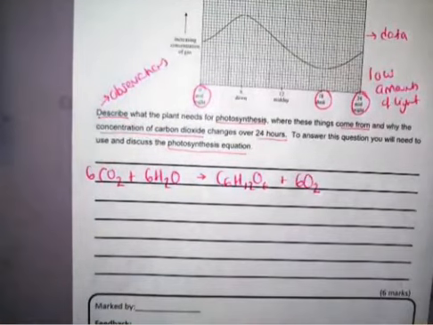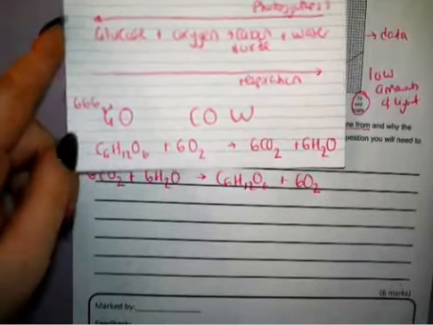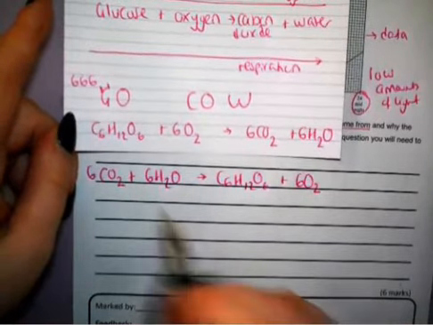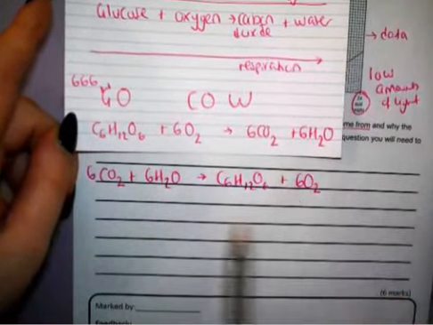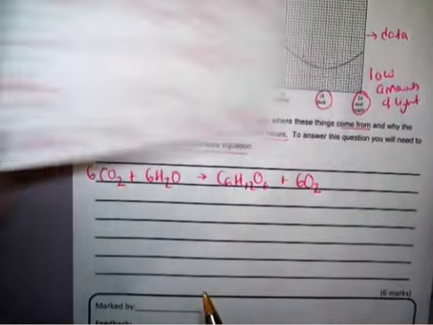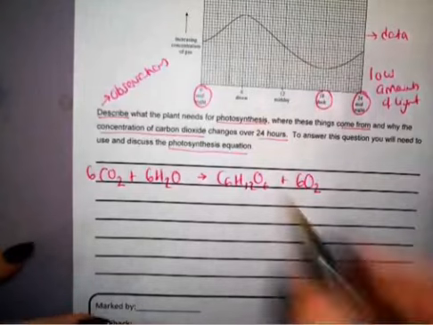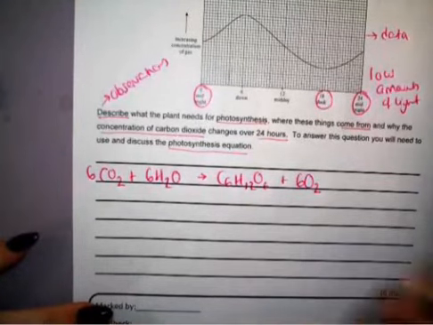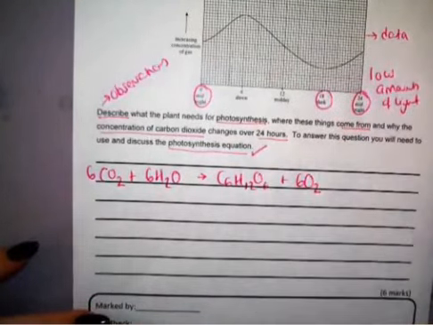And I've done this using my revision card that we used earlier. So you can see that this way we said was respiration, but the opposite way is photosynthesis. Now it says what the equation is. I've done that, so I can tick that off.